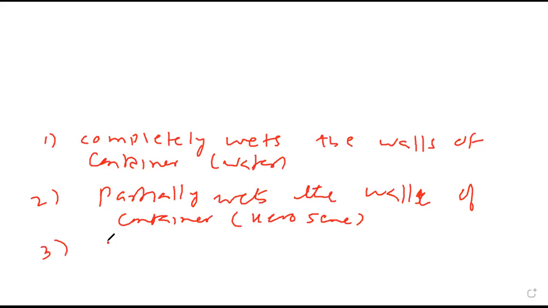Third, which does not wet the wall of container, such as mercury. So depending upon the type of liquid, there are three different types of surfaces: horizontal, concave, convex. We have to explain how it happens. So consider three types of liquid: water, which completely wets the wall; kerosene, which partially wets; and mercury, which does not wet the wall of container.